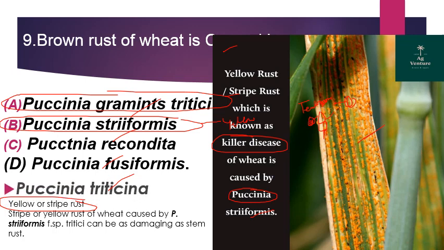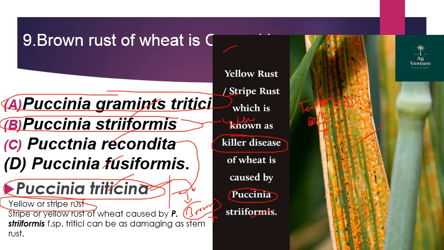Next is Puccinia triticina. तो काफ़ी सारे sources में इसे mention किया गया है along with this recondita which causes the brown rust of wheat. Mostly जो triticina है it is mentioned where they have written that it causes brown leaf rust. So its answer is Puccinia recondita.